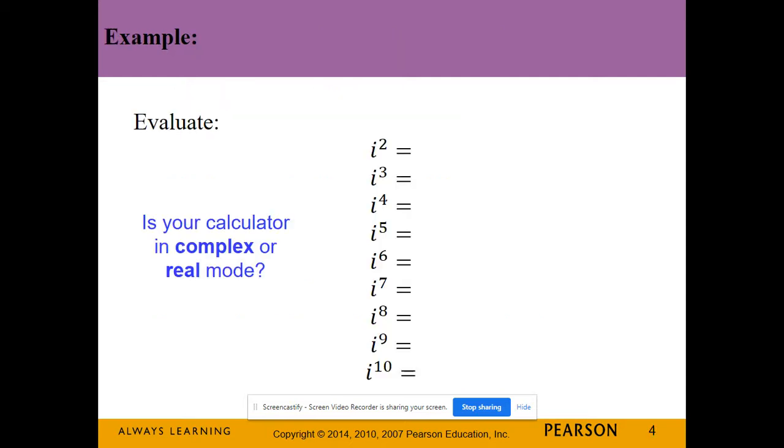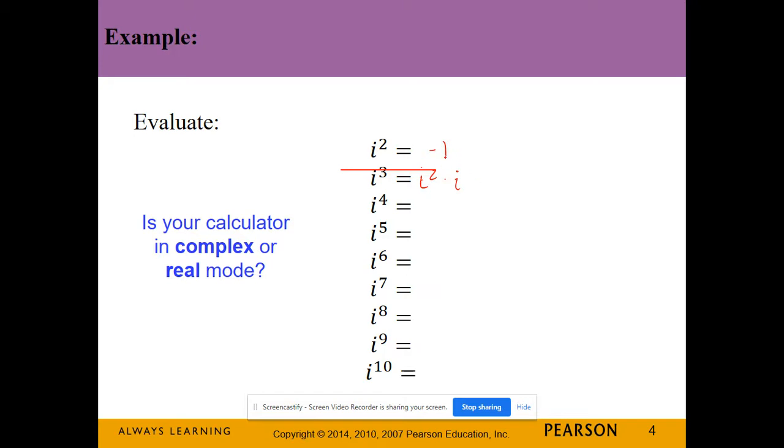All right, so if we evaluate these, we just talked about how i squared is equal to -1. If you think about it, then i cubed you can rewrite as i squared times i.